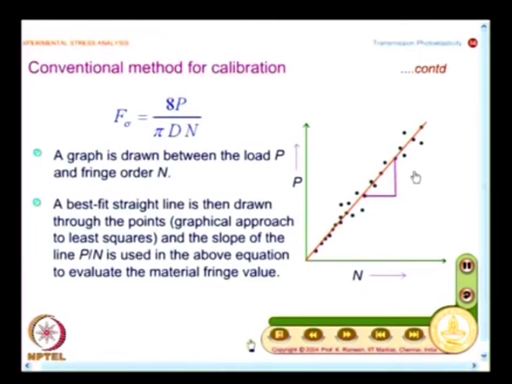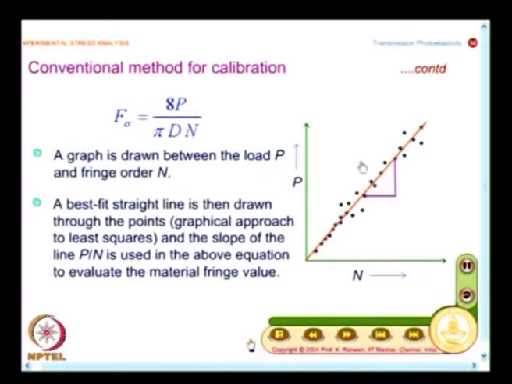It is sensible to draw a graph such that points of scatter lie on either side of the graph evenly, and what you have implicitly done is a graphical least square analysis. We have taken the advantage of a large number of data points. From a graphical approach you find out what is p by n, and once you plug in this p by n in this expression, I would get the value of f sigma as accurately as possible from a simple experiment.